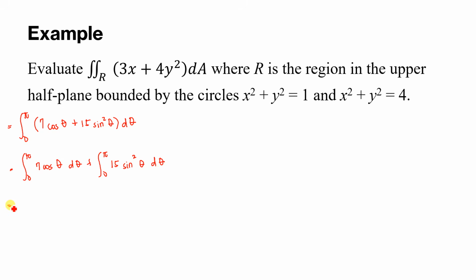Okay, so the integral of 7 cosine theta d theta would be 7 sine theta. For the first part, in this case, we only have the sine from 0 to pi.